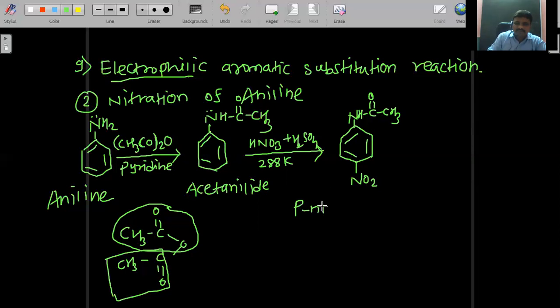So the name is para nitro acetanilide. Again, this para nitro acetanilide undergoes hydrolysis. Hydrolysis means addition of water molecule, and after addition of water molecule, the molecule is split into two parts.